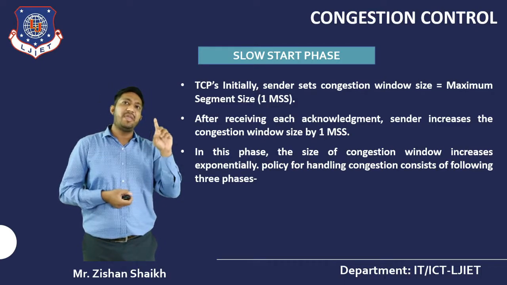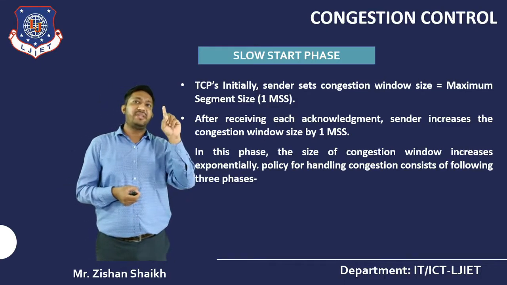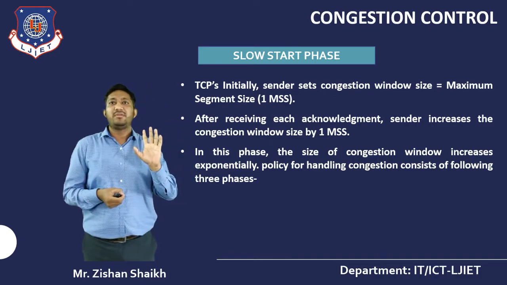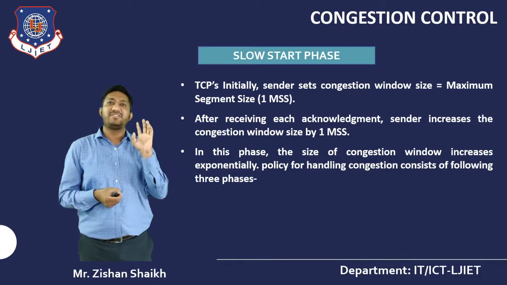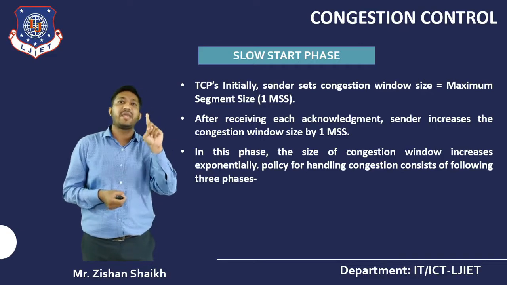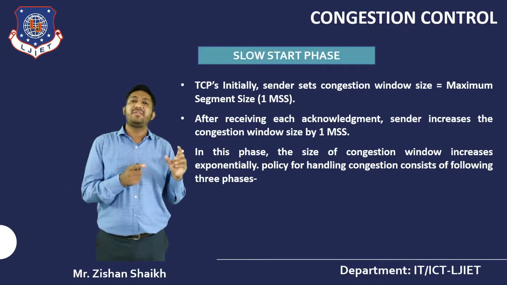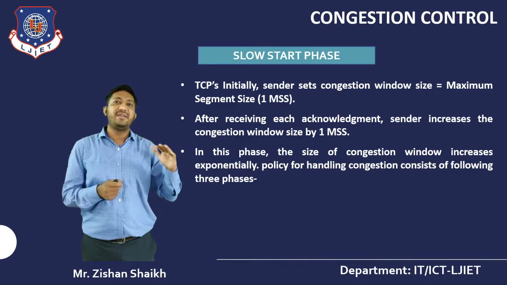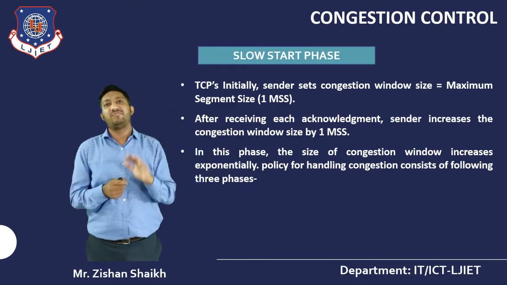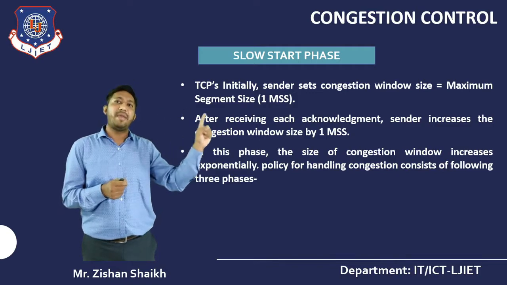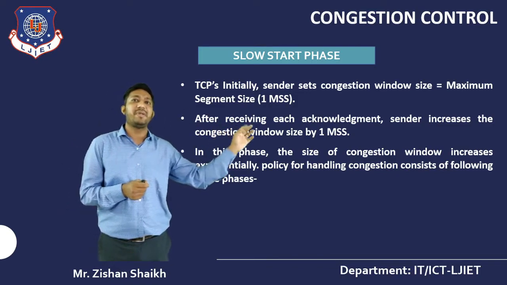The maximum segment size is decided by TCP, and here the congestion window is 1 MSS. So in the first step, it will send only one segment, not more than one. After receiving each acknowledgement, the sender increases the congestion window by 1 MSS, the maximum segment size.